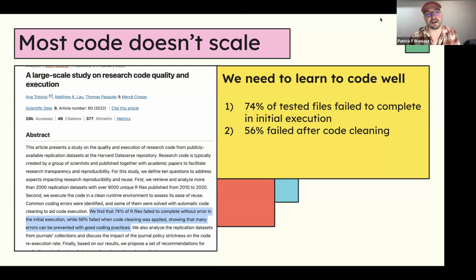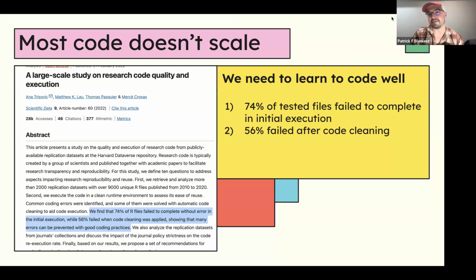In this case, this is from 2 years ago now, where a group of researchers looked at 9,000 different studies and publicly available scripts with publicly available data, which is already its own subset of unique instances of research, since most studies still don't make their data fully publicly available and don't make their code fully publicly available. But for the folks who do, they found that 74% of the tested files failed to compile when they tried to run it the first time, right?